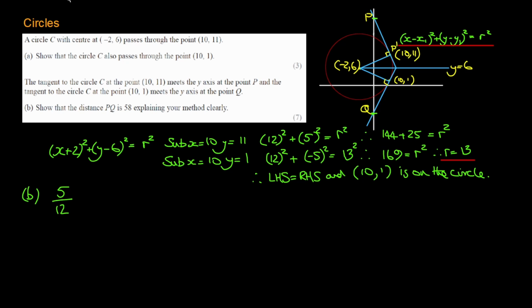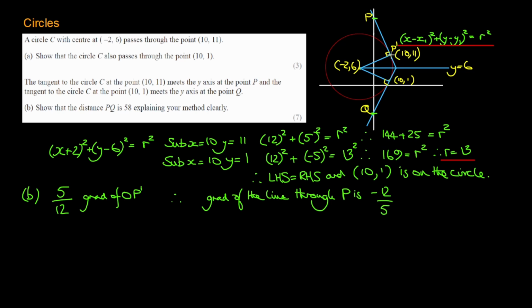Let's call that point P dashed. I know what I'm talking about. So this is the gradient of O to P dashed. So therefore, the gradient of the line through P is negative 12 over 5.